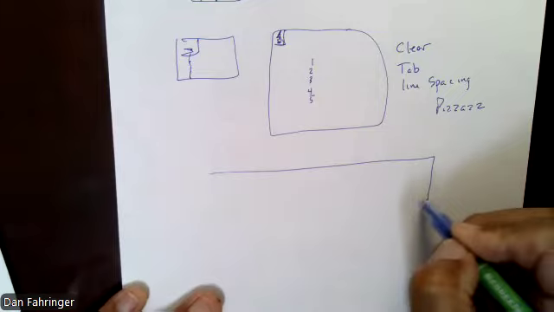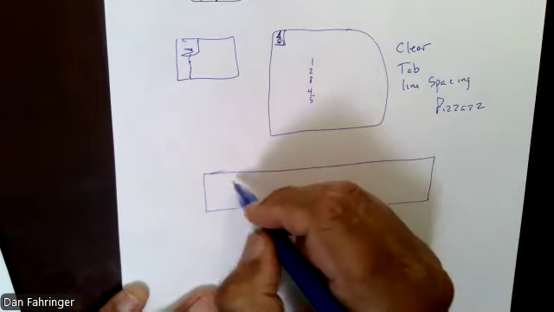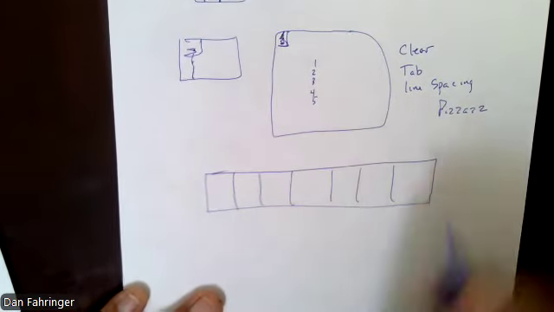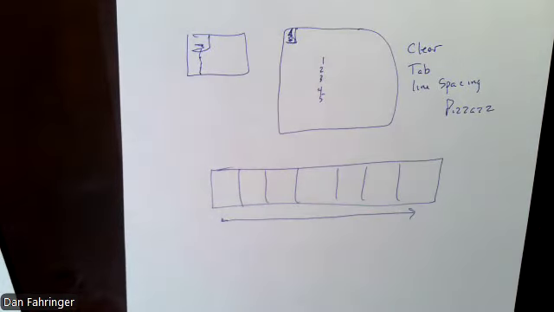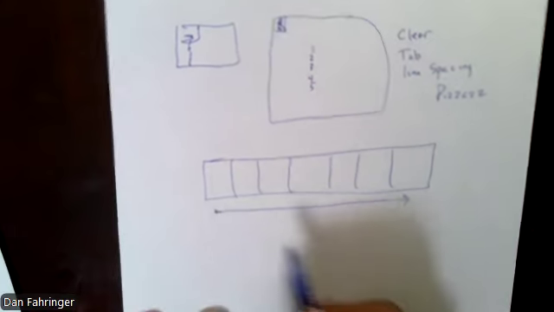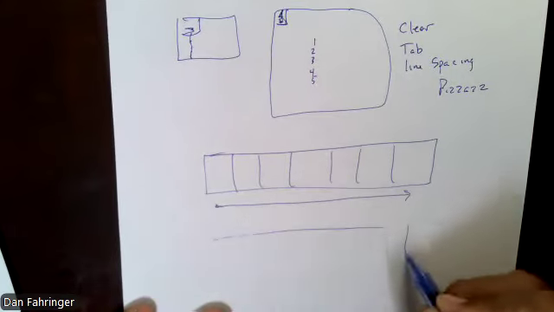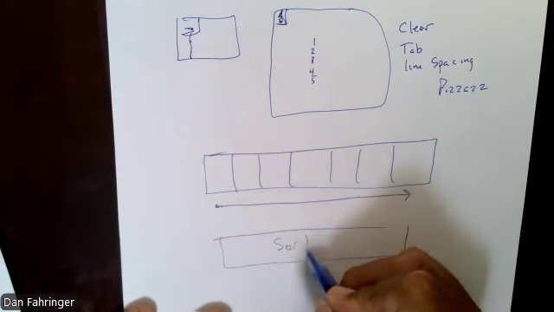Well, searching, let's talk about what searching we've done. We've had arrays. We started at the beginning and went all the way to the end, a nice sequential search. Then we had an array where the values were sorted.